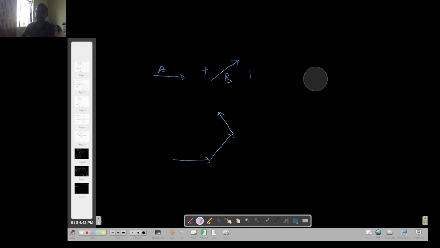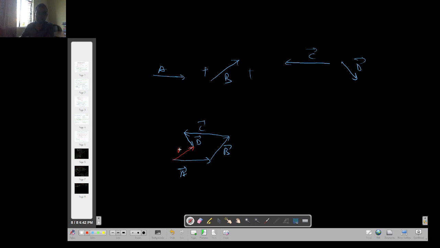This is the B vector, and this is the A vector. Then the resultant will be this one, taken opposite to this. So here R is equal to A plus B plus C plus D. So this is all about the polygonal law of vector addition.